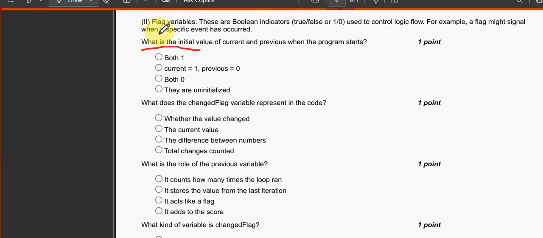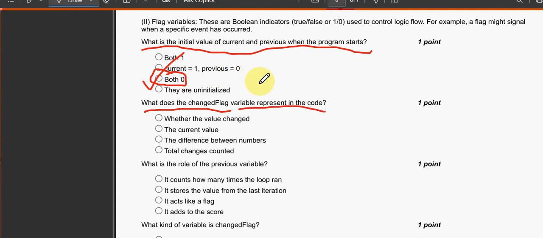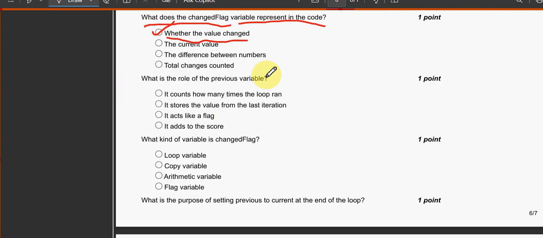What is the initial value of current and previous when the program starts? So for the 23rd question, both 0, the third option, is the probable solution. Next, what does the changed flag variable represent in the code? For this one, the first option: whether the value changed. Next, what is the role of the previous variable?